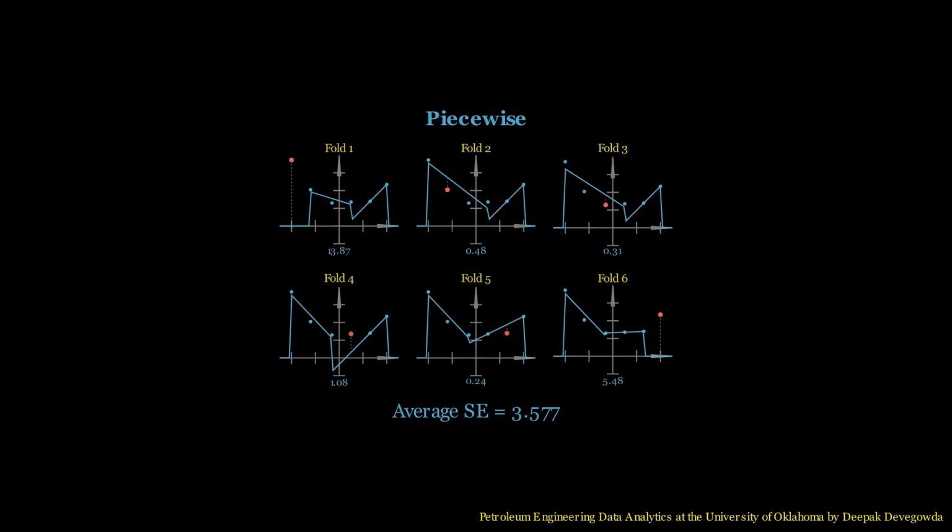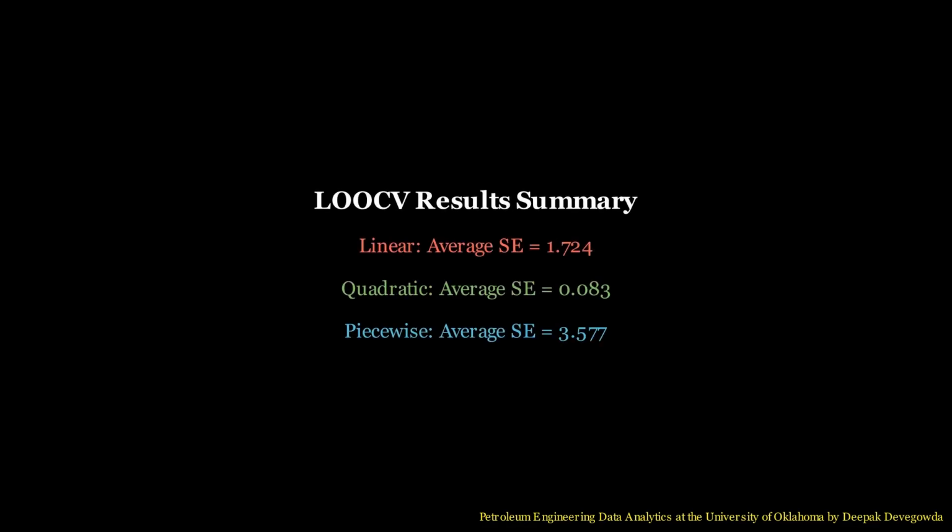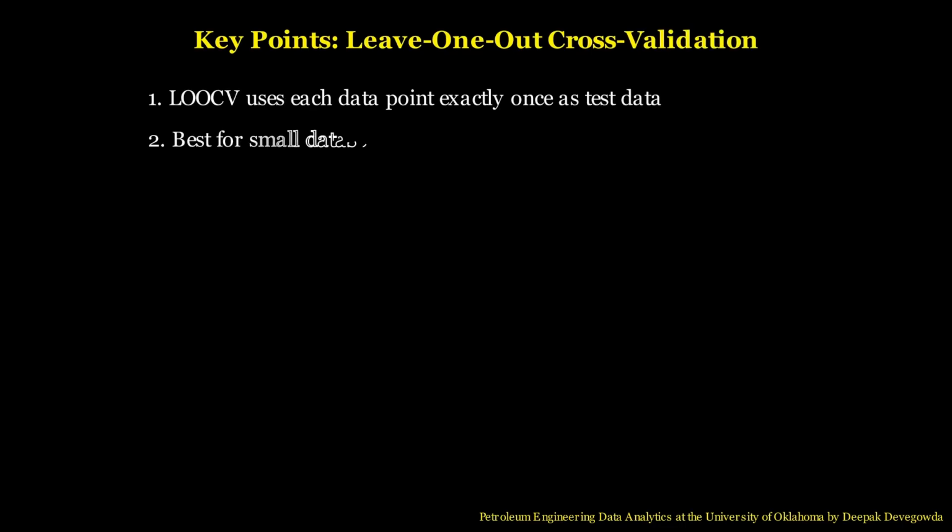Now, we make a comparison between each one of these 3 models in terms of their average squared errors. We can see that the quadratic polynomial gives the best fit across each one of the 6 different test data points. And so it's a model that fits the data well and generalizes to new data too.